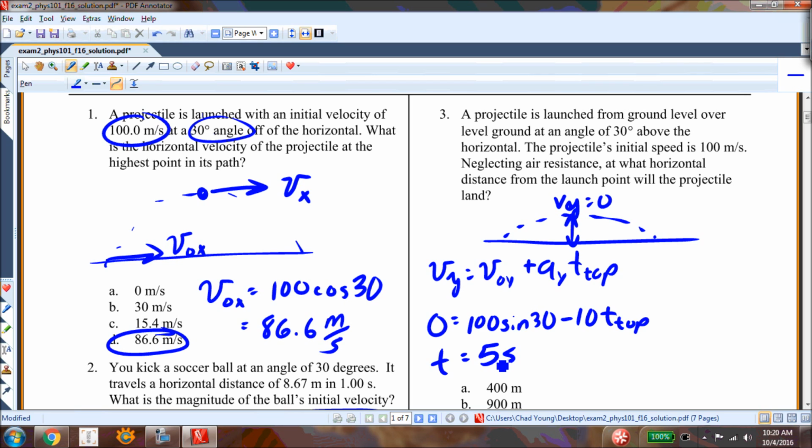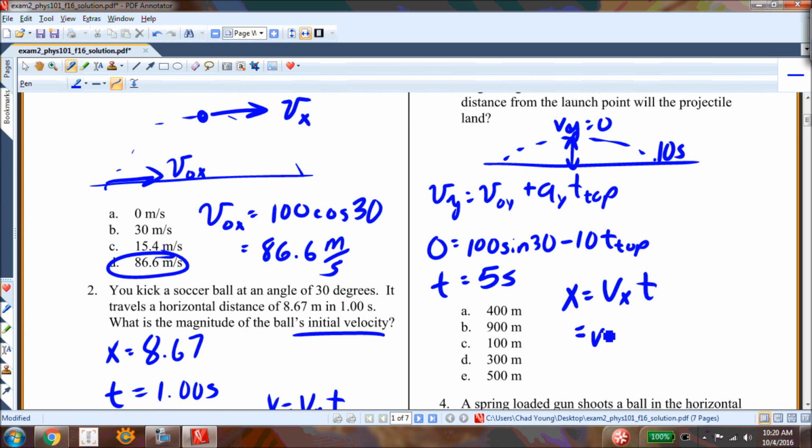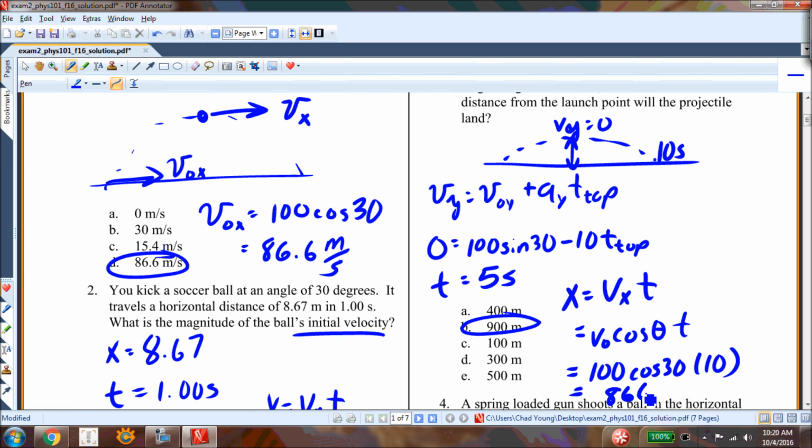So it takes 5 seconds to get there. That means it takes 10 seconds to get over here. So x is equal to Vx times t. That's equal to V naught cosine theta times t, which is 100 cosine 30 times 10. 866, or about 900 meters.